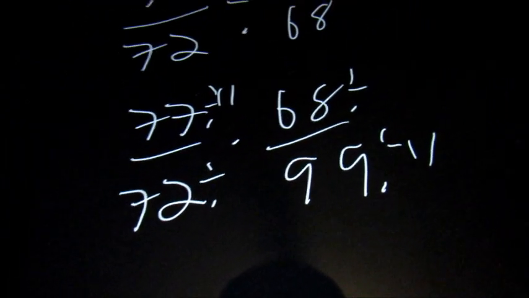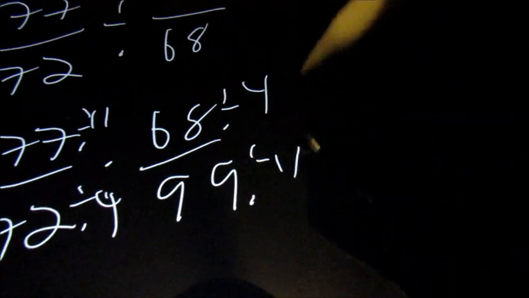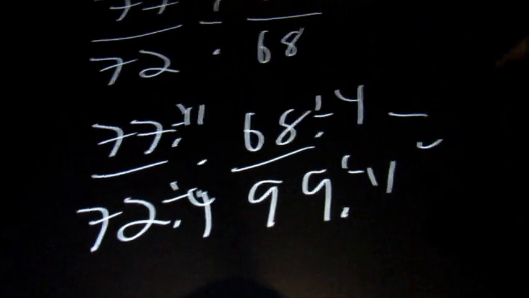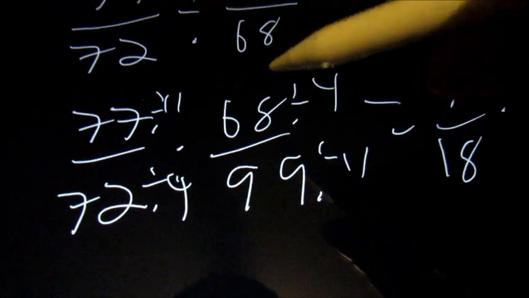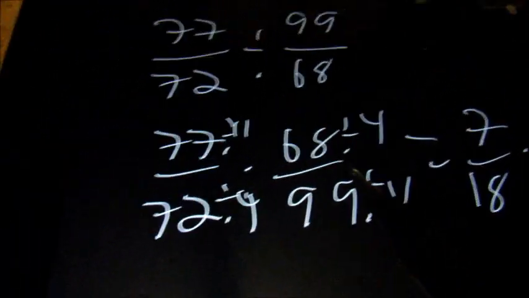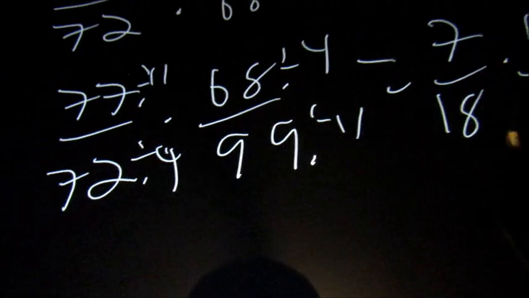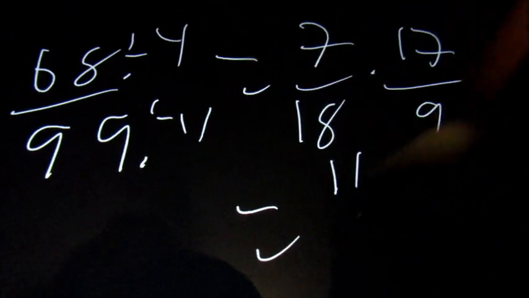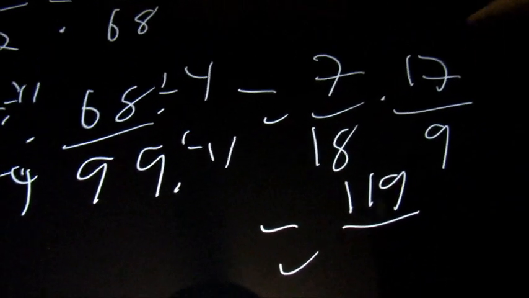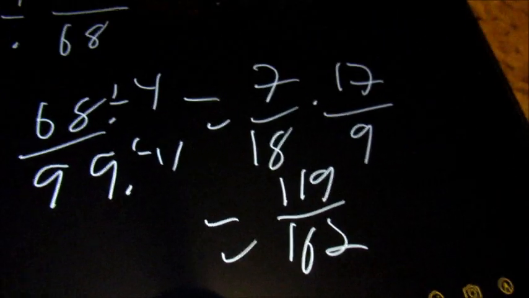And these two, the 72 and the 68, are both divisible by 4. So now when I do this, 77 divided by 11 becomes 7. 72 divided by 4 becomes 18. 68 divided by 4 becomes 17, and 99 divided by 11 becomes 9. Now I can't do any more simplification, so I just have to do the multiplication. 7 times 17 is 119. 18 times 9 is 162. So that would be our answer there.